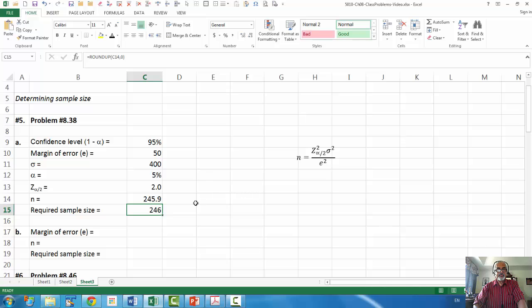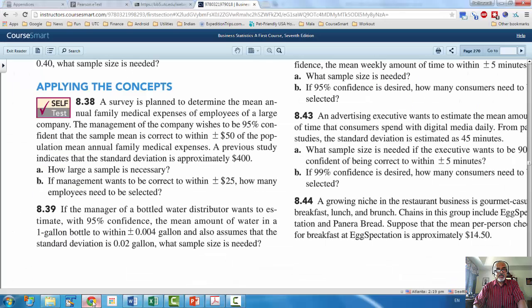Now for part B, if management wants to be correct within plus or minus $25, that is, if the margin of error is 25, keeping the confidence level at 95%, you want the margin of error to be smaller, so you should now be prepared to take an even larger sample.